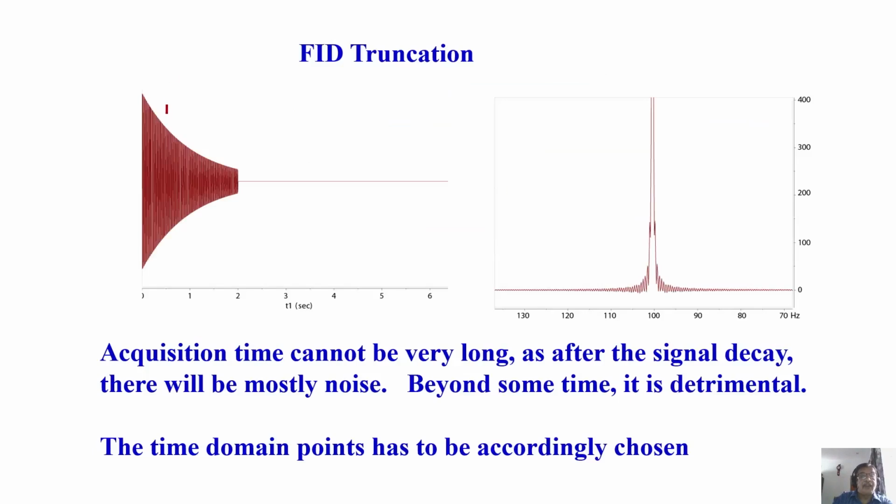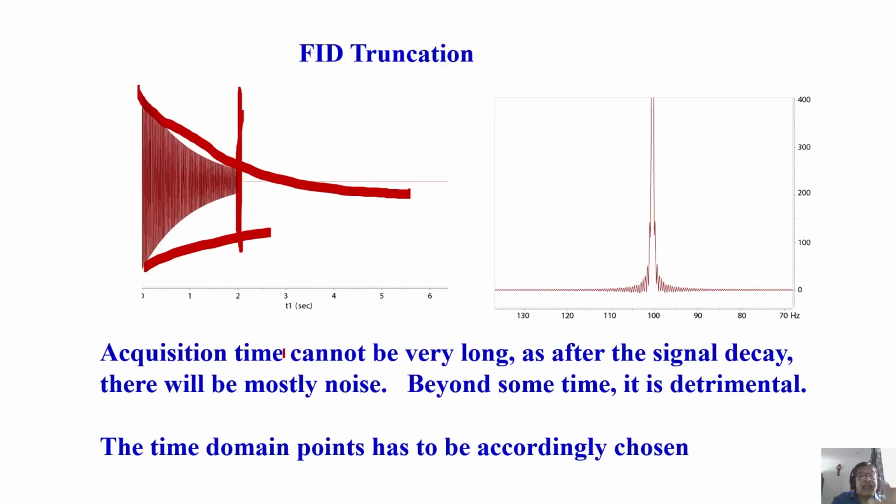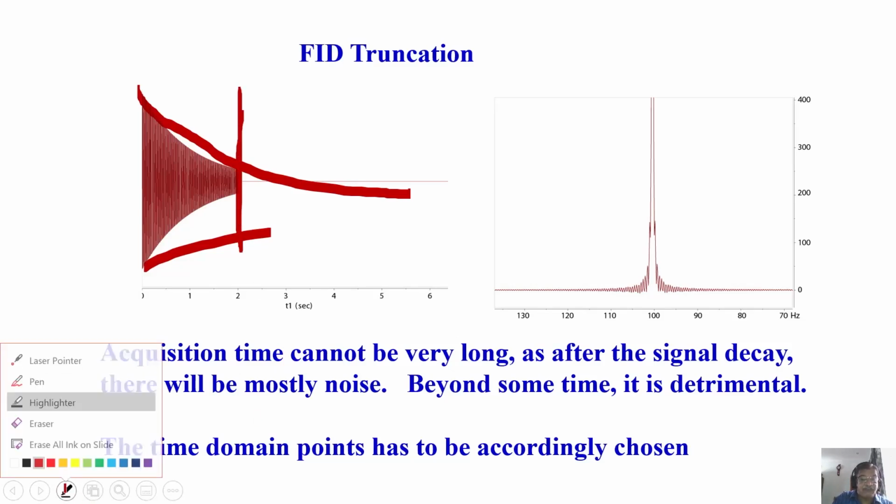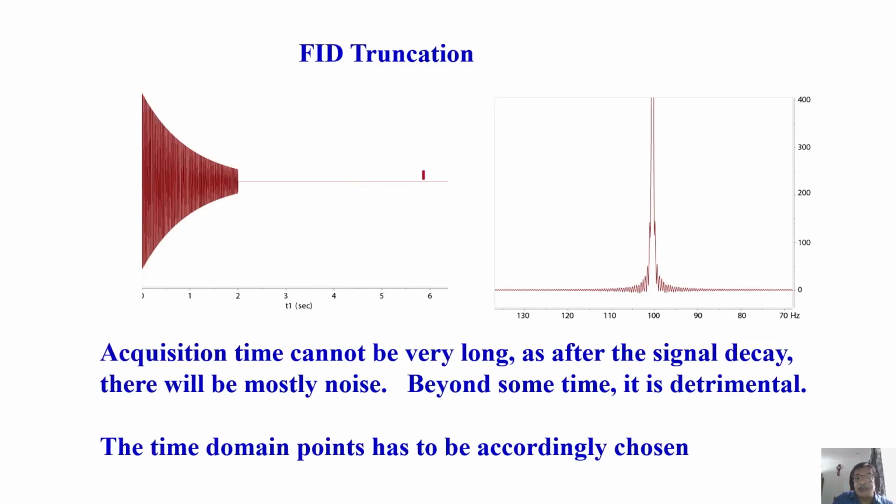Supposing you are collecting the signal. This is a free induction decay, FID. It is decaying like this, but you are collecting only up to this point. This is called truncation. You have truncated the free induction decay. It has not completely died down. It is coming more towards a rectangular pulse or a square pulse. So what will happen if you Fourier transform this? You get a sinc function like this. Artifacts.